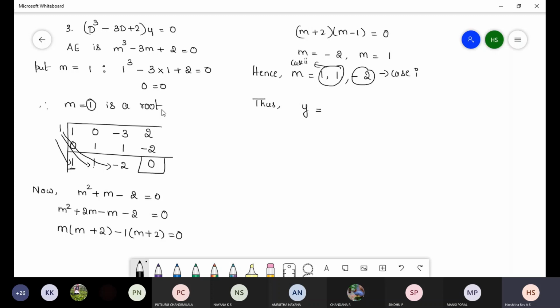First case 2 means repeated: C1 plus C2x e power m value, which is 1, 1 into x. Plus case 1, after C2, C3 e power, case 1 means this is your m value, so minus 2 into x, e power minus 2x. This is the general solution.